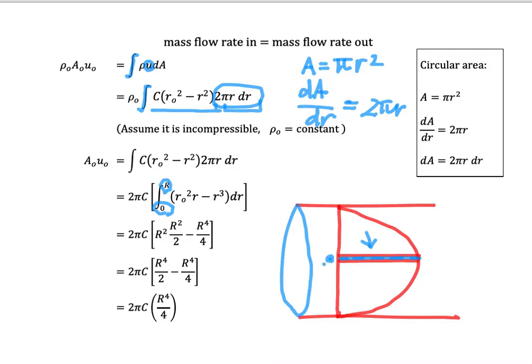Then we substitute the limits of 0 to capital R. We assume this here is the center point, and the maximum value of the radius is written as capital R. That's why the limits of the integration are 0 to R. So we get this term for the integral of U dA. Here the rho can be cancelled, so we get this term.